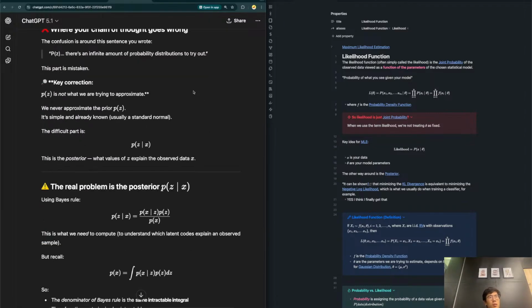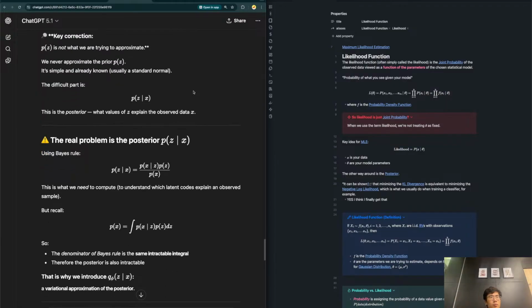Because the posterior is also intractable.